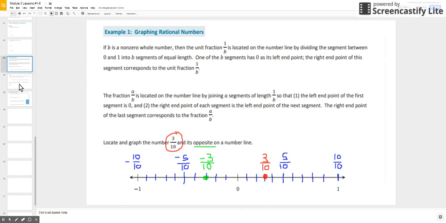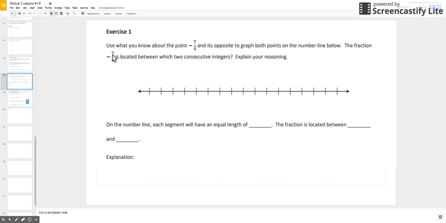If we look at exercise 1, this one says use what we know about negative 7/4 and its opposite to graph both points on a number line. We're going to do the same thing, but if you look at this one, the 7 is greater than 4. Therefore, this is going to be past 1, because this is called an improper fraction.